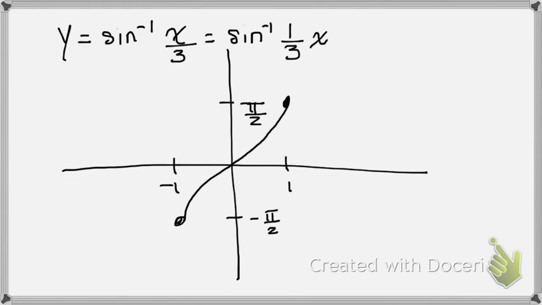So this is telling me that this graph is going to be 3 times as wide. That's what that does. So I'll just go 1, 2, 3. 1, 2, 3. Put my point there. And I'll put my point out there. Let's erase the parent function.